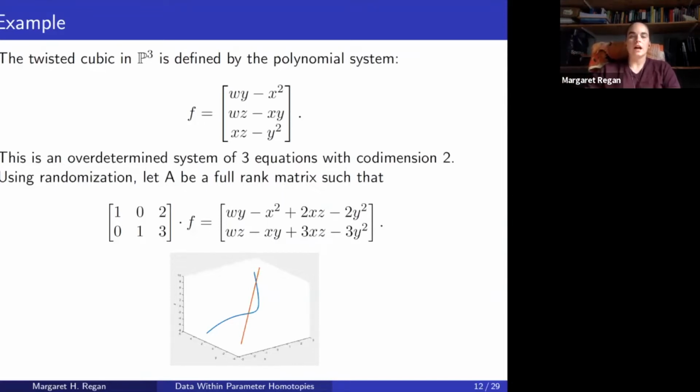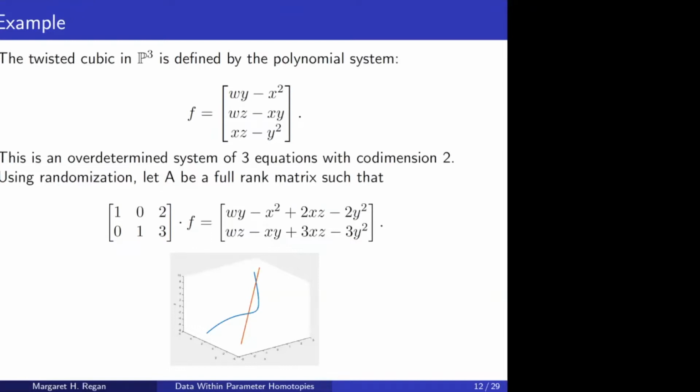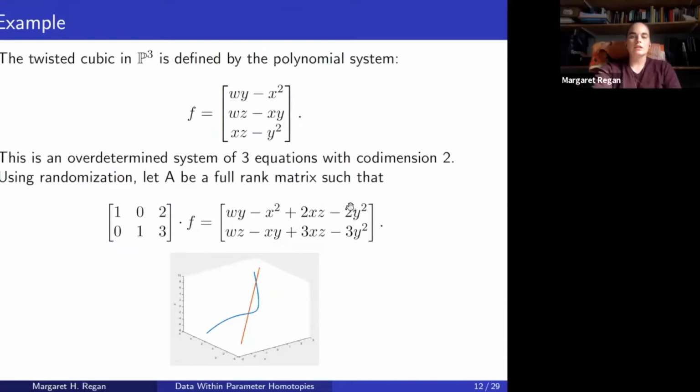And so the twisted cubic is a very famous overdetermined system in the algebraic geometry community. And when you randomize using some matrix A, where there's a little bit of structure here, right? We have the identity matrix and then a random vector to then be able to create a square system here.